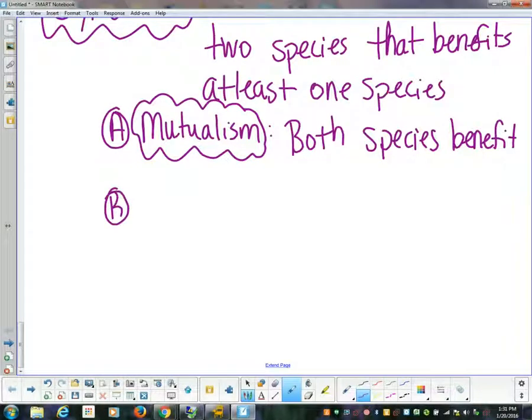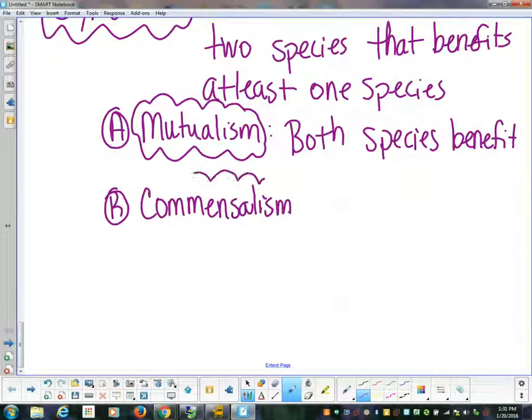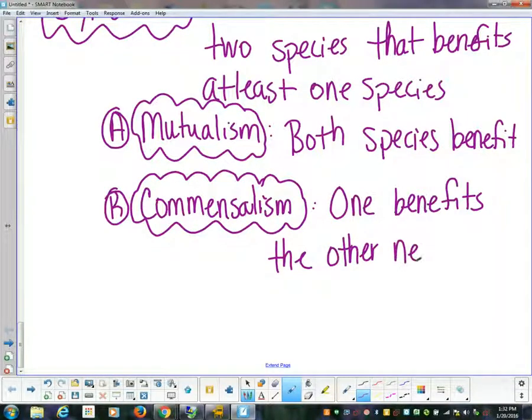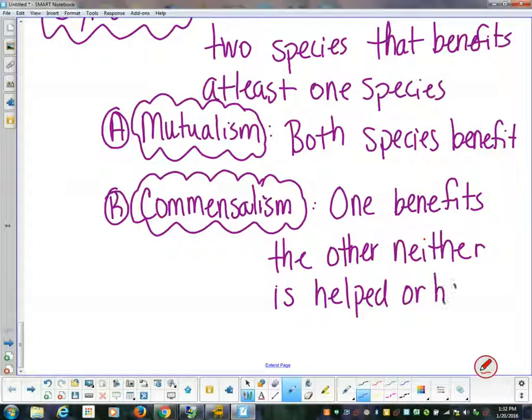Another one is called commensalism. And this one is where one benefits and the other is neither helped nor harmed.